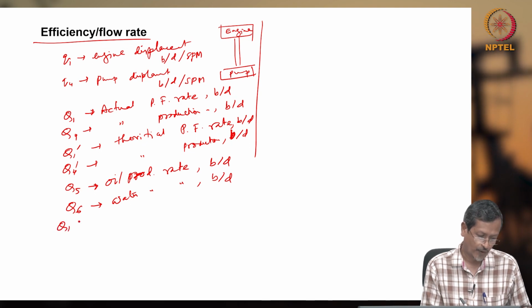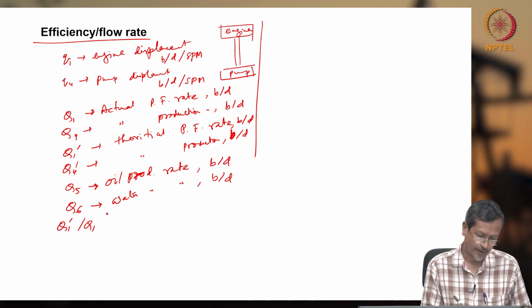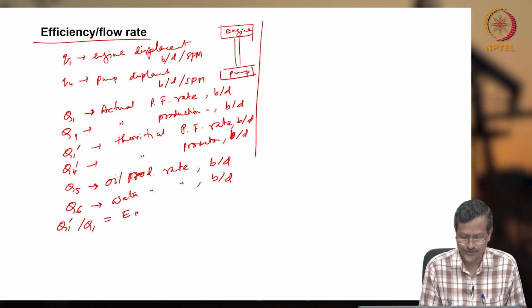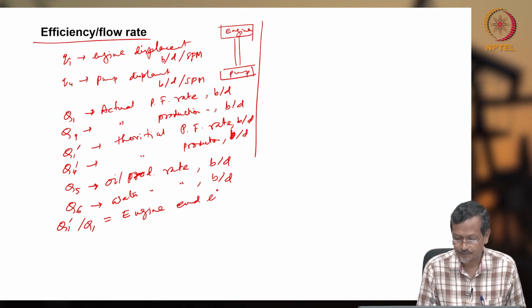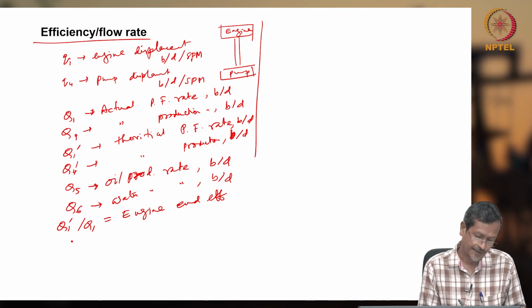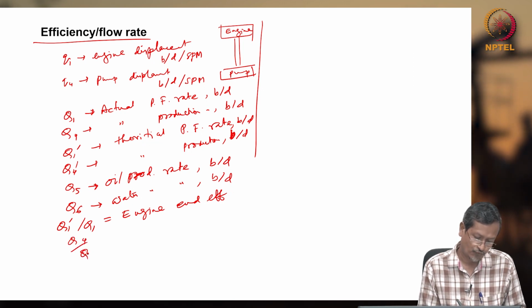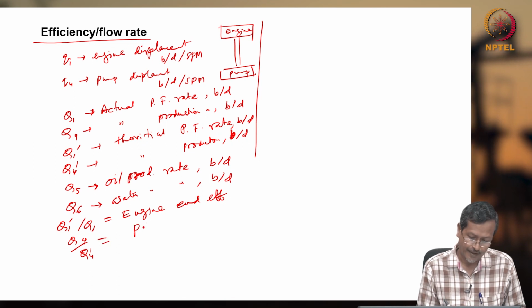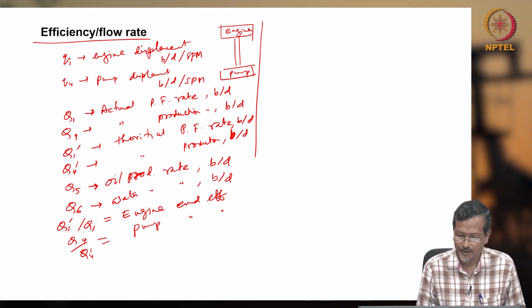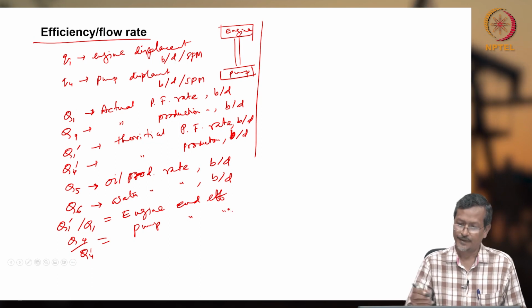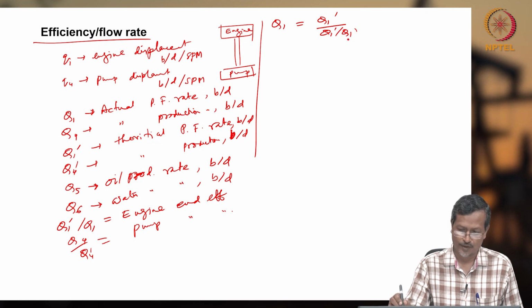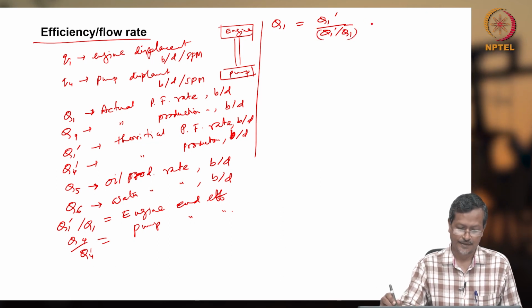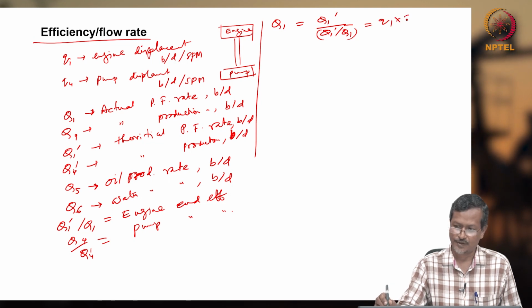So Q1 dash by Q1 equals engine end efficiency, and Q4 dash by Q4 is pump end efficiency. Now Q1 equals q1 into SPM divided by Q1 dash by Q1, you can write it like this.